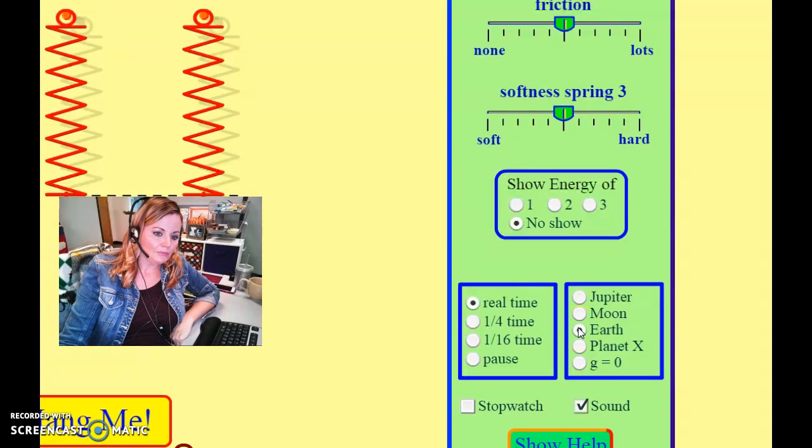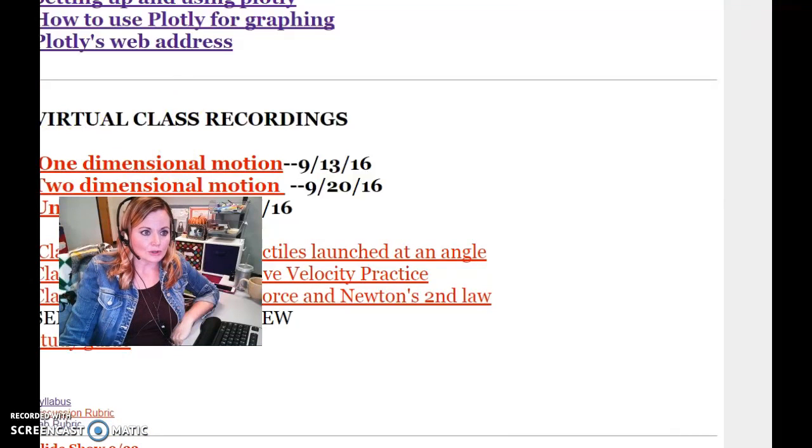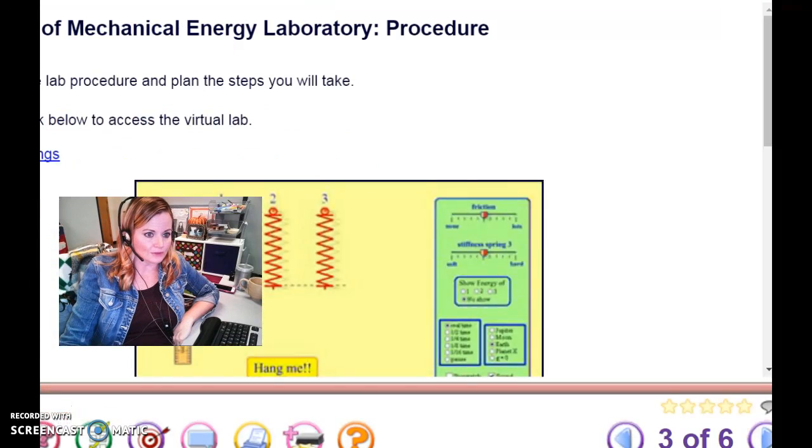You're going to set this so there's no friction. You just leave that right in the middle for now. And you'll probably change the time so that you can slow it down a little bit so that you can see kind of where it's going. But let's look at what it asks you to do in the lesson viewer.